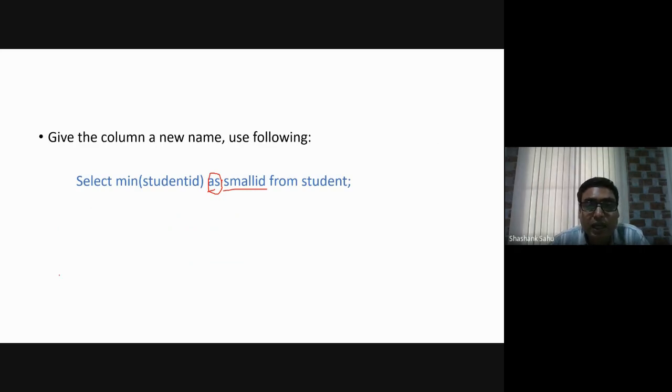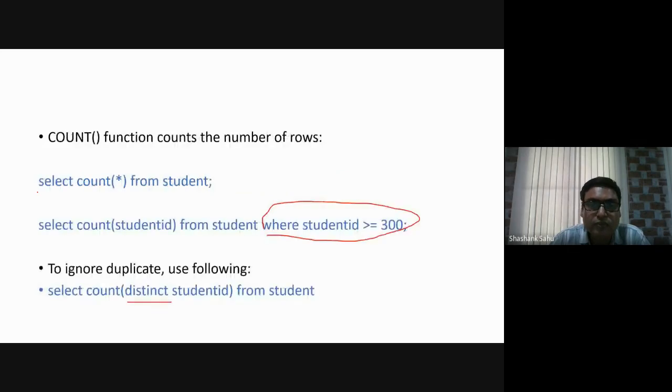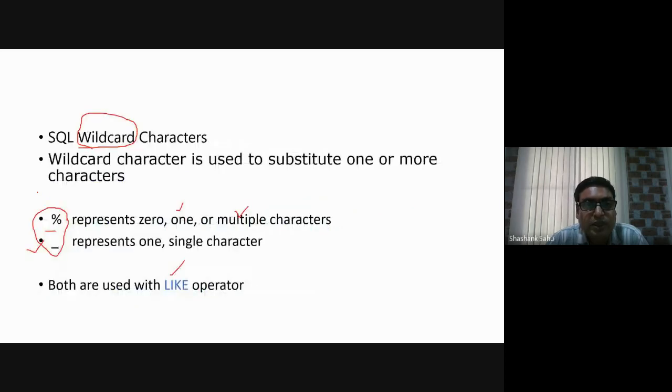Next, as is a keyword in the query used just to rename the column. Practically it is not changing the column name, it only changes the name in the result. We also have the count function. This thing is used to remove the duplicacy.